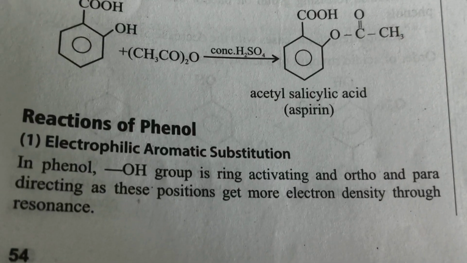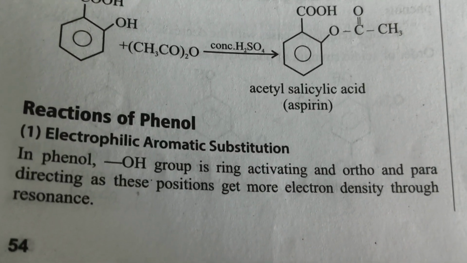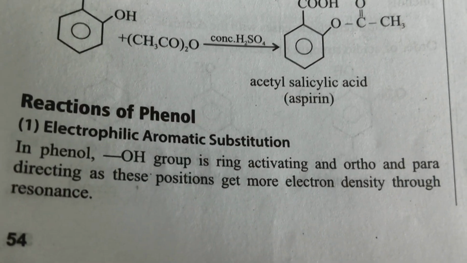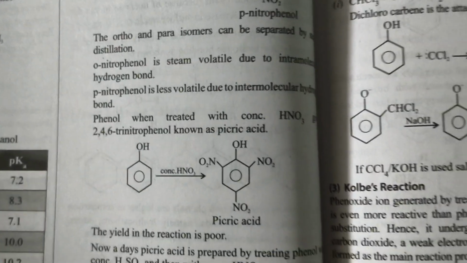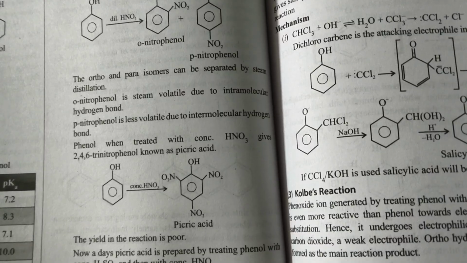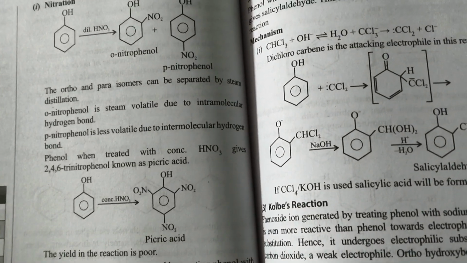Reaction of phenol. Electrophilic aromatic substitution. In phenols, the OH group is ring activating and ortho-para directing, as these positions get more electron density through resonance. This is the nitration. Ortho-para isomers can be separated by steam distillation. Ortho-nitrophenol is steam volatile due to intramolecular hydrogen bond.